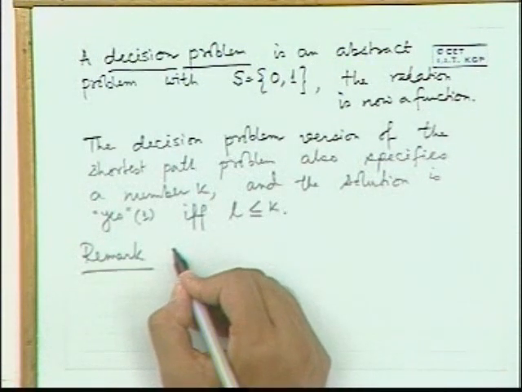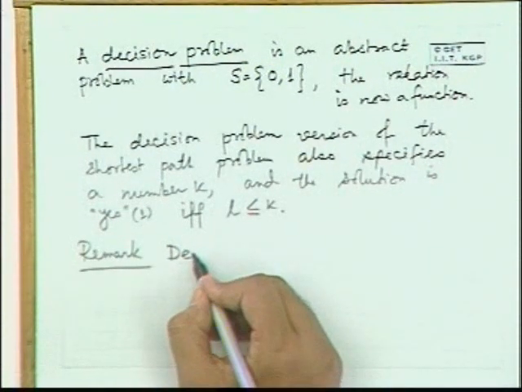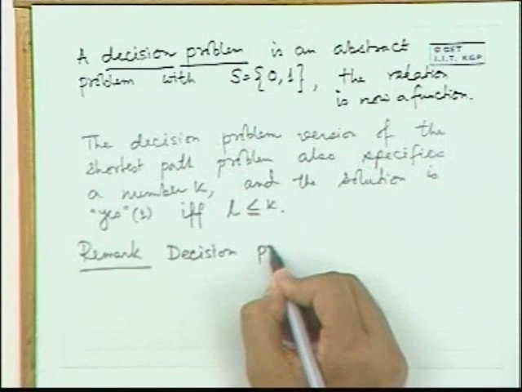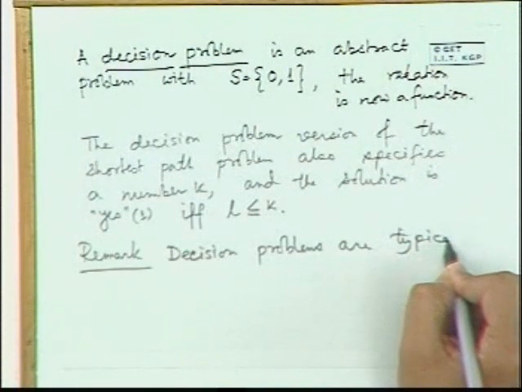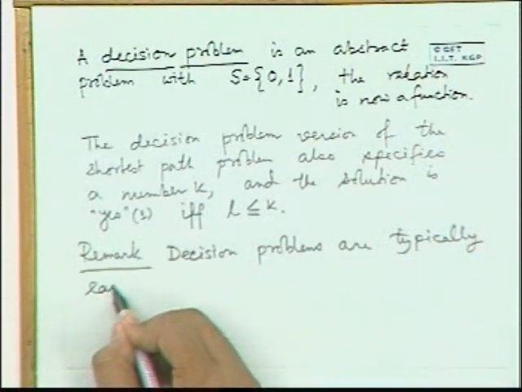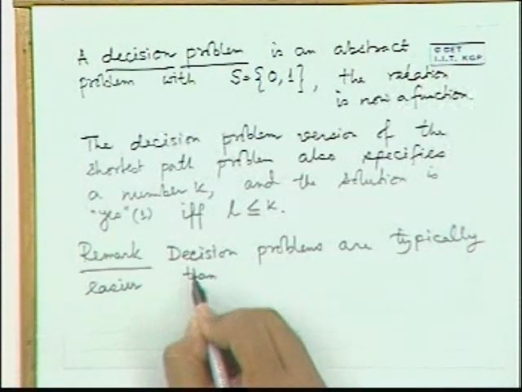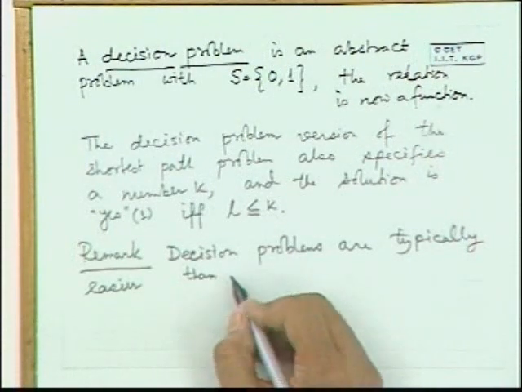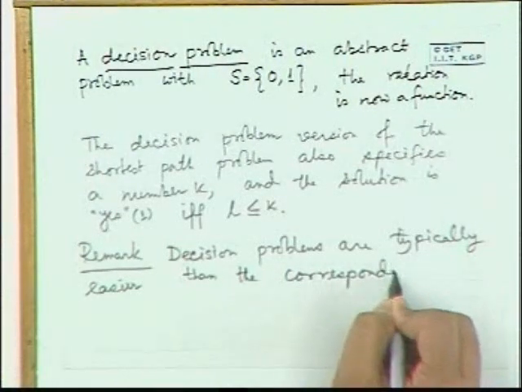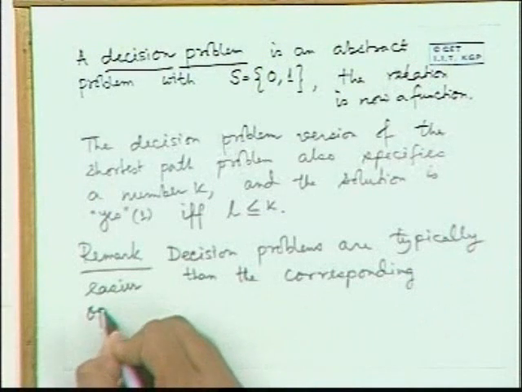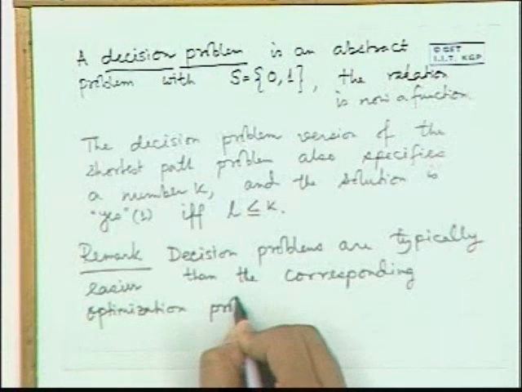Typically, decision problems are typically easier, or at least not harder, than the corresponding optimization problem.